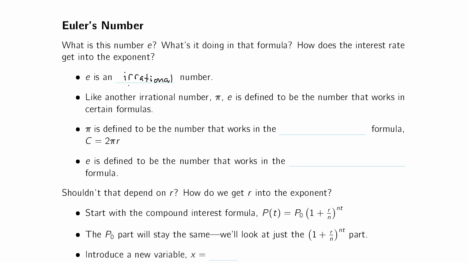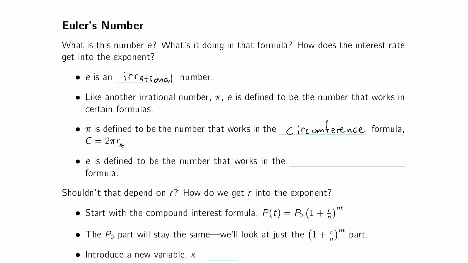Like pi, e is defined to be the number that works in certain formulas. The definition of pi is that it's the ratio of a circle's circumference to its diameter. That is, it's the number that's going to work in the circumference formula. This 2 is just here because we typically talk about the radius rather than the diameter of a circle these days.